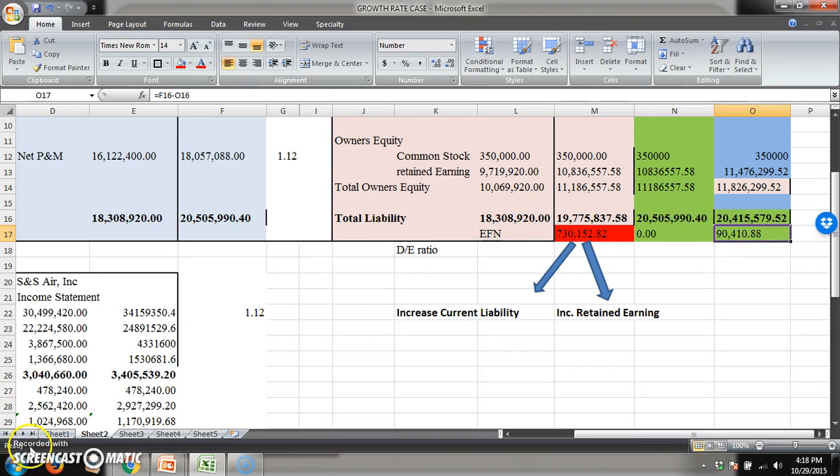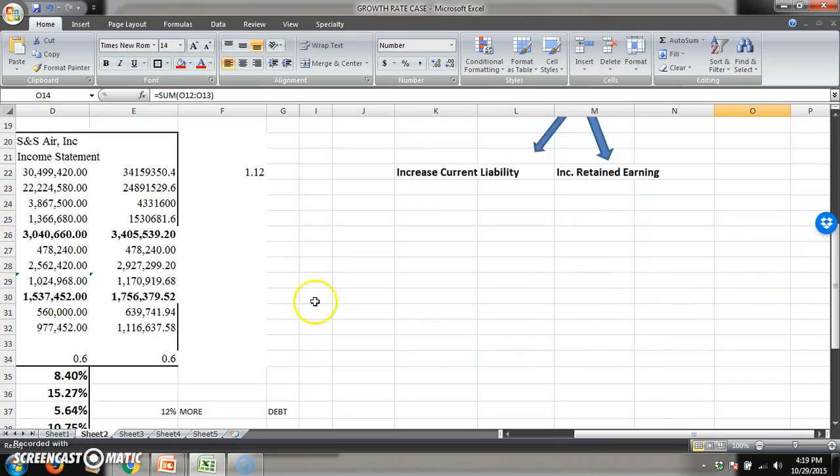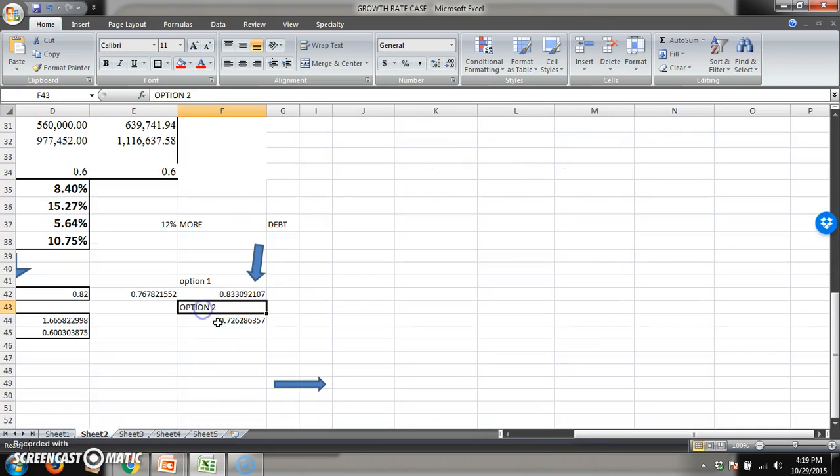Now let us see another important aspect. I have not increased my debt liabilities, but I've increased my owner's equity. So in option 2, my debt equity ratio comes out to be 0.726, which is substantially lower than 0.82.